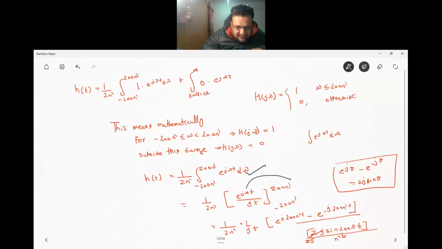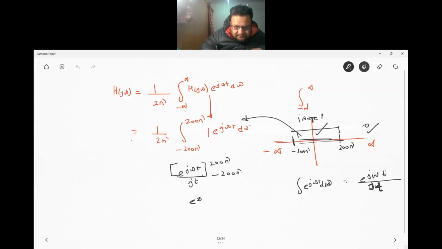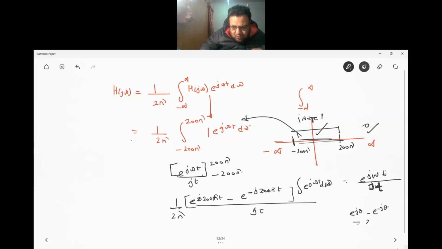So you substitute here: e^(j200πt) minus e^(minus j200πt), divided by jt, into 1 by 2π. Now e^(jθ) minus e^(minus jθ) is equal to 2j sin θ. The θ value here is 200πt.